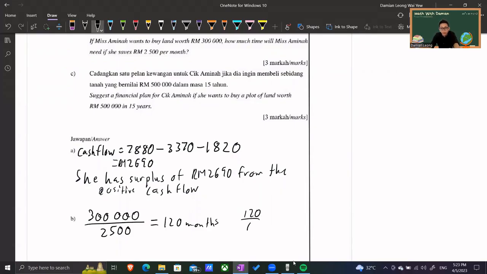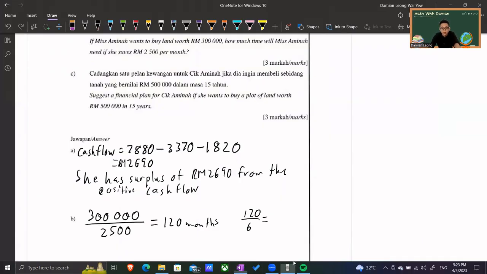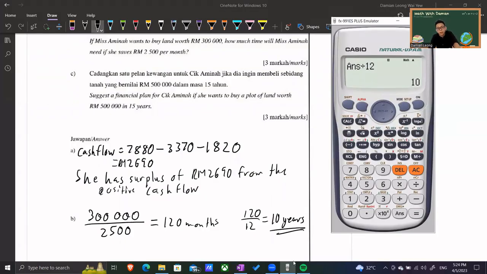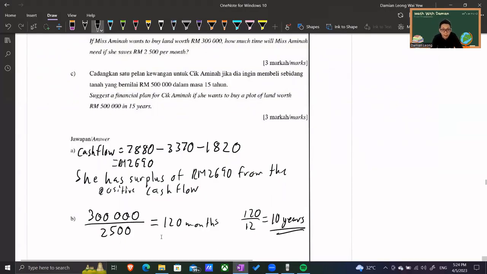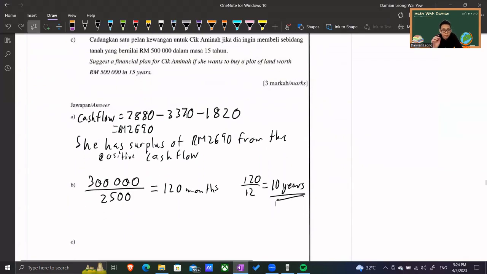So 120 divided by 12, 12 months a year, means 10 years. Yeah, so she has to save for 10 years to buy a 300,000 ringgit land.